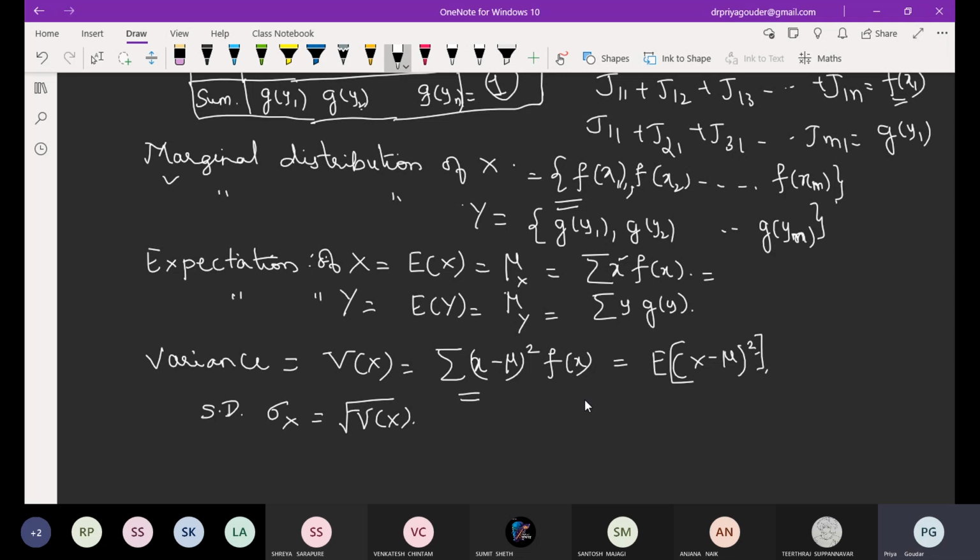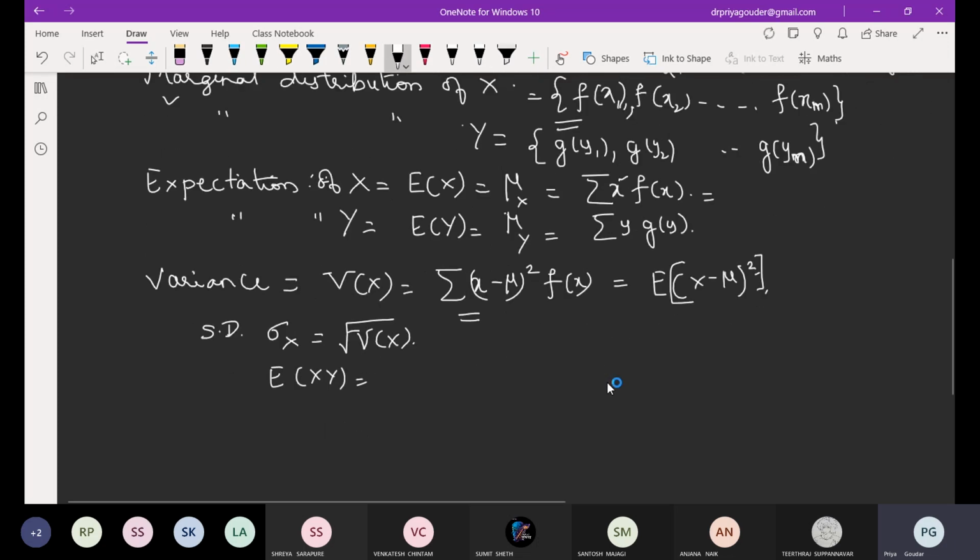One more thing. If you take expectation of x, y, can you guess what the value should be? See, expectation of x is this, expectation of y is this. If I take expectation of x, y, try to tell me what it is.